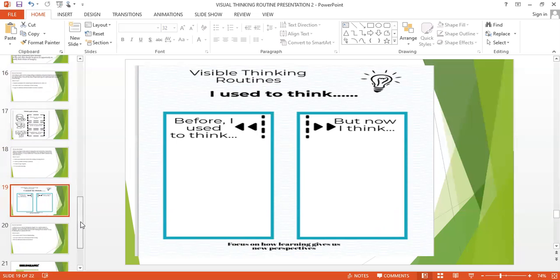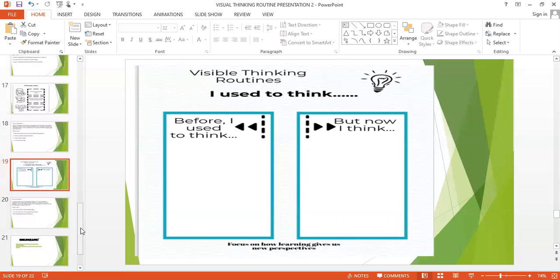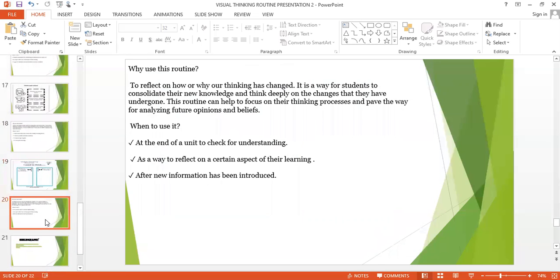So when and why should we use this routine? To reflect on how or why our thinking has changed, it is a way for students to consolidate their new knowledge and think deeply on the changes that they have undergone.